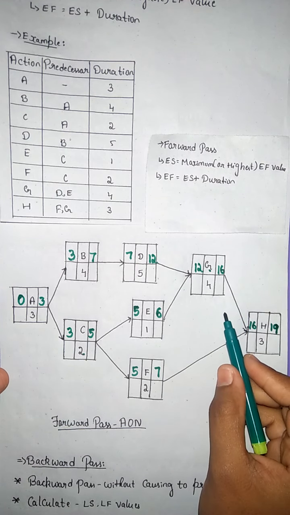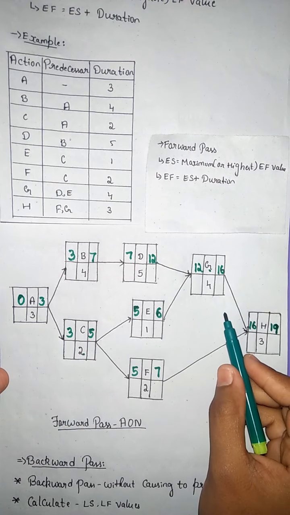Through this pass, the late start and late finish values can be calculated. The formula for the backward pass: late start is equal to late finish minus duration. For the late finish, take the minimum or the lowest late start value from the immediate successors.